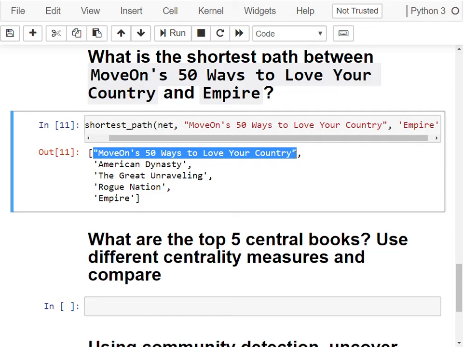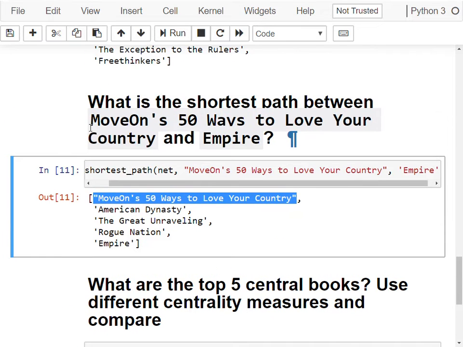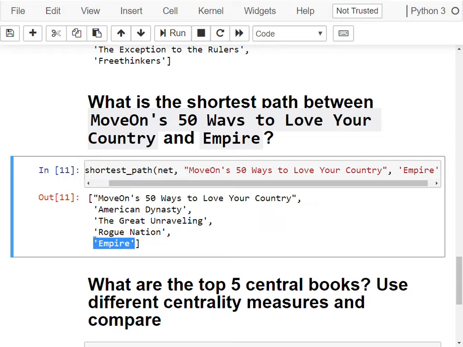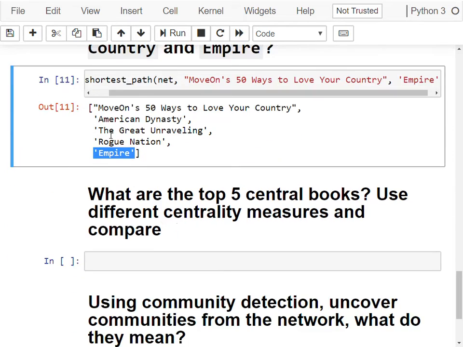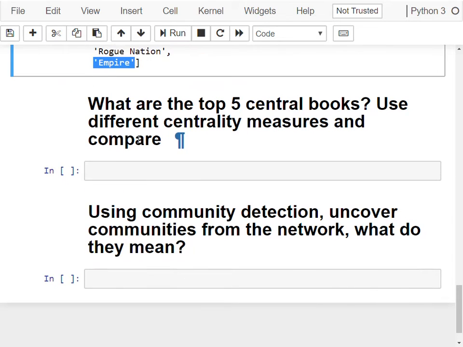Indeed, I picked these two books specifically because the titles are completely opposing, right? From a very patriotic kind of title to a very nationalistic title, for instance, so to speak. So you can see that there are a couple of hops needed here to get from this book to this book.